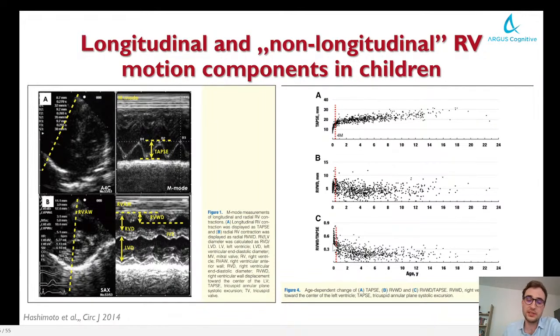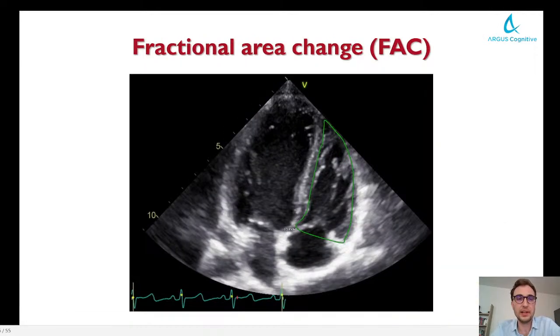So it suggests that there's a very drastic change in the mechanical pattern in children in the first months of life, which goes on actually throughout childhood. However, we only have this, let's say, simpler one-dimensional data about that. But nowadays we have much more complex, much more precise methods for that, and we'll get back to that topic as well. So overall, non-longitudinal motion components are definitely quite interesting in children as well.